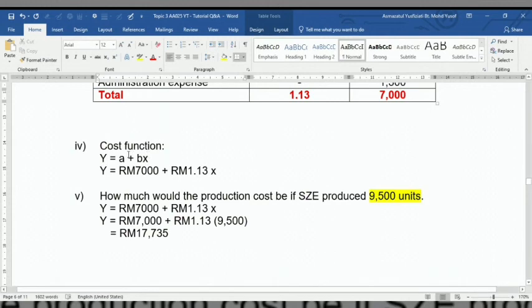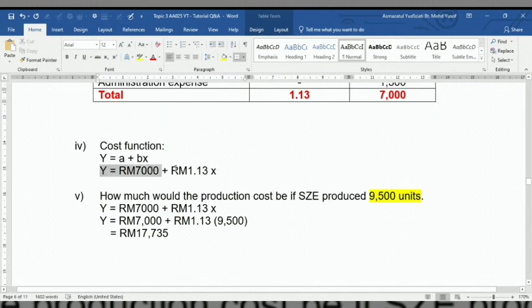So for the cost function, you write down y equals to, a is 7,000, we have calculated in 3 Roman, and b equals to RM1.13, and then x.